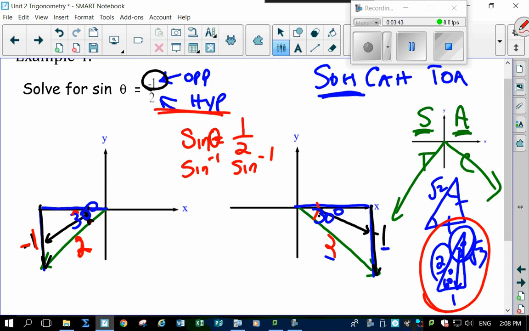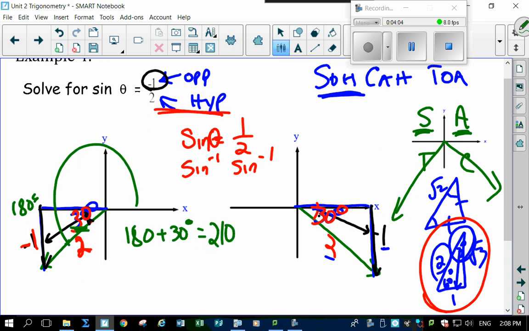So, that being 30 degrees, that being 30 degrees. But my question is, what is the actual angle in standard form then? Well, that's easy. Standard form starts here, goes to here. So look, it's up to 180 degrees plus an extra 30. So 180 plus the 30 works out to be 210 degrees.